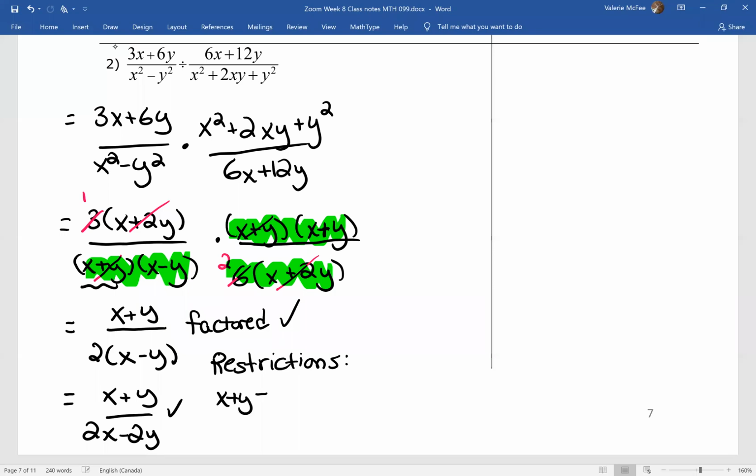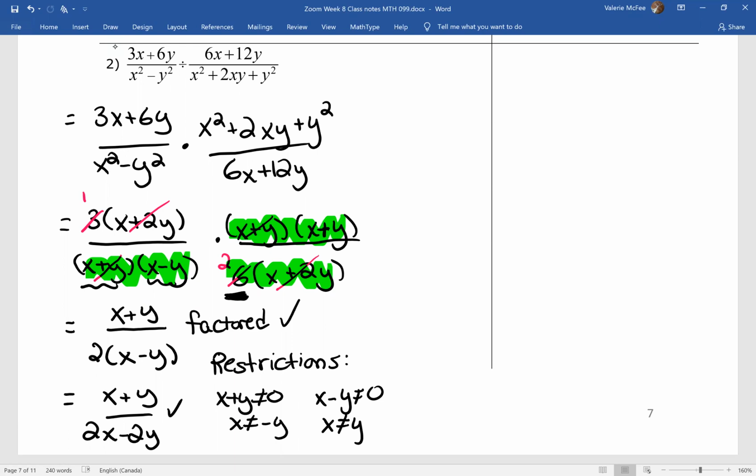X plus y cannot equal 0. Well, this tells me that x cannot equal negative y. X minus y cannot equal 0. X cannot equal y. If they're the same number, it would be 0.